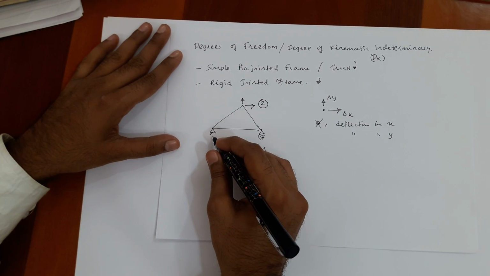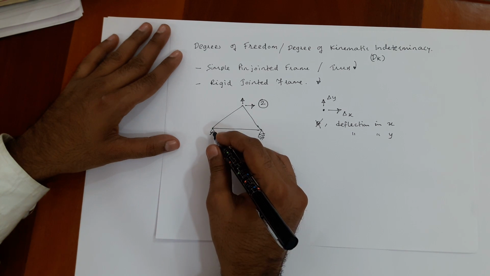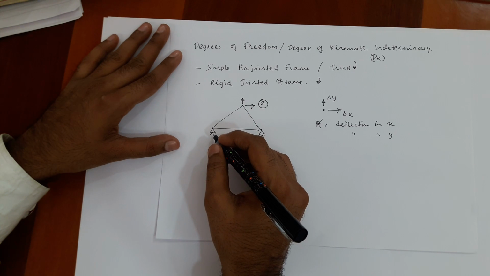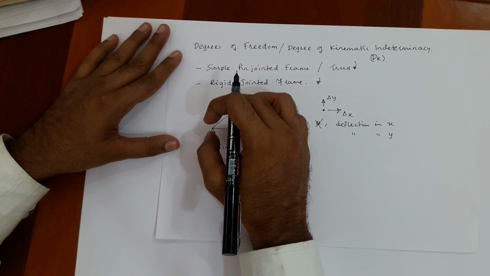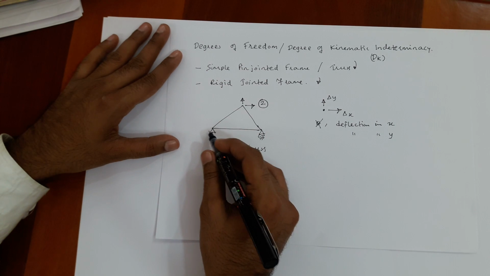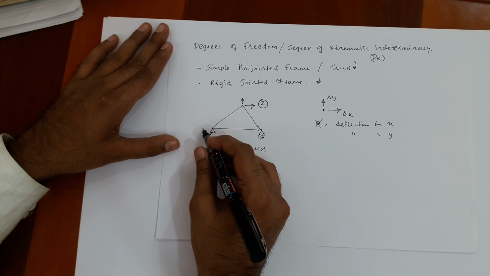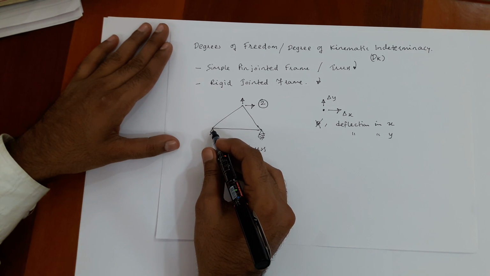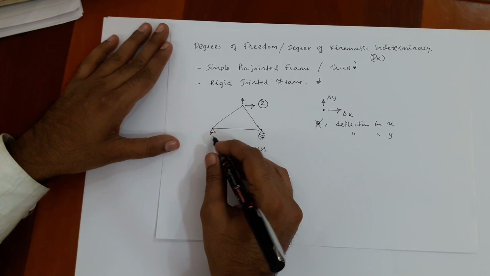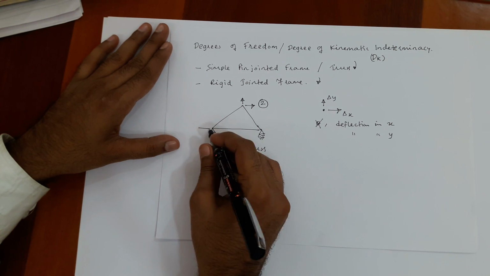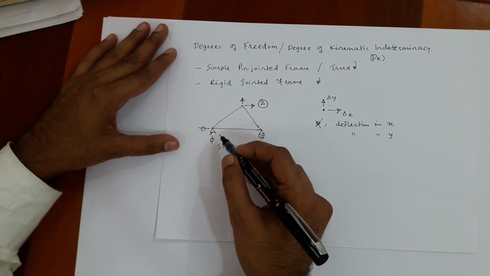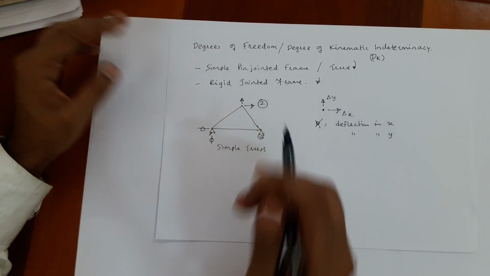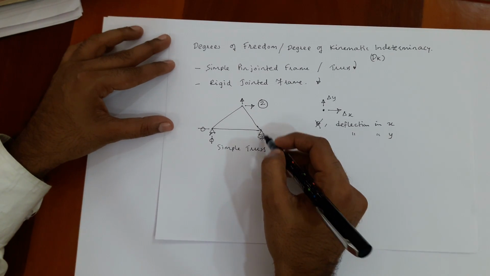Here you have a vertical reaction, which means there is no vertical deflection, because the vertical reaction will resist the vertical deflection. At a hinge support you also have a horizontal reaction. So when you have a horizontal reaction, there is no deflection in the horizontal direction. So here, deflection in the vertical direction and in the horizontal direction is not possible because of the reaction components in both directions.